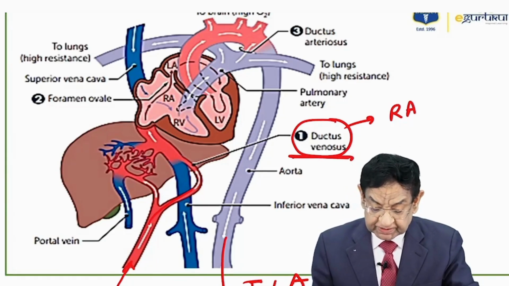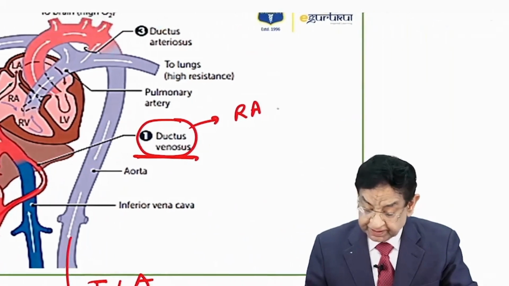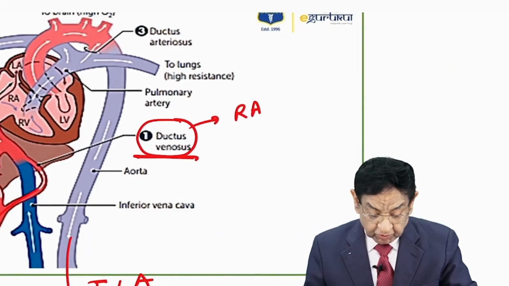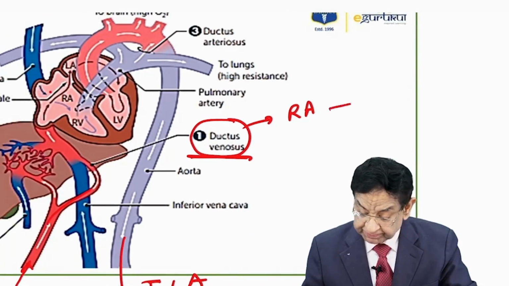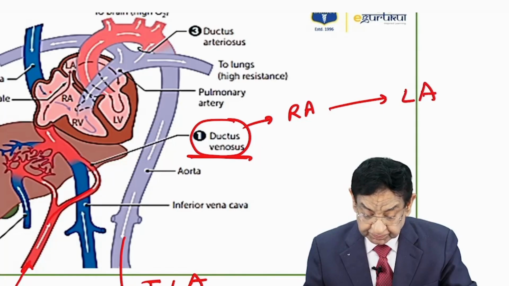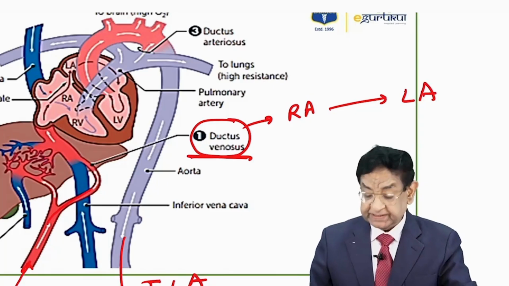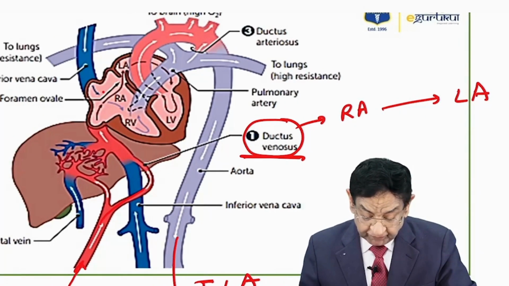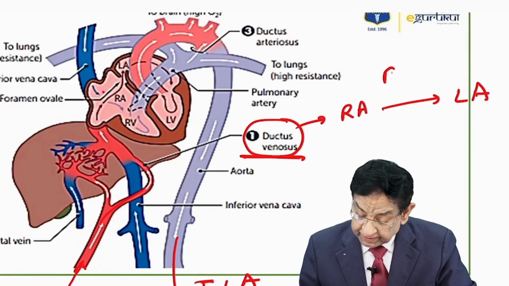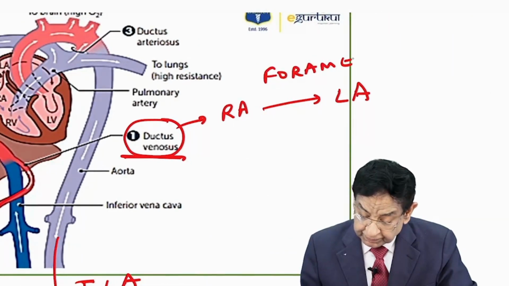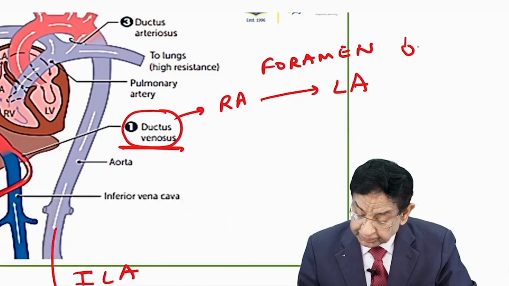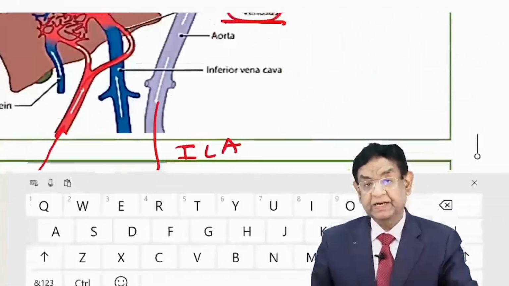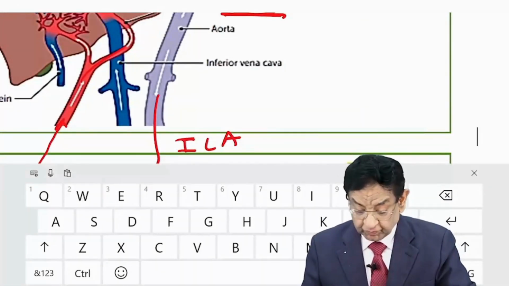Second bypass: once the blood comes to the right atrium, it goes to the left atrium. That is via the foramen ovale. We have a foramen ovale, and blood will go from the right atrium to the left atrium.